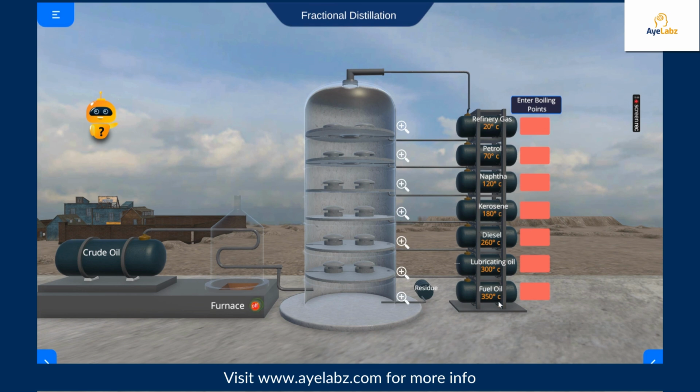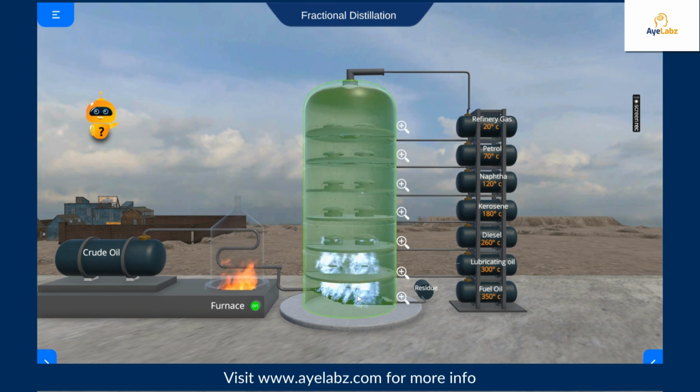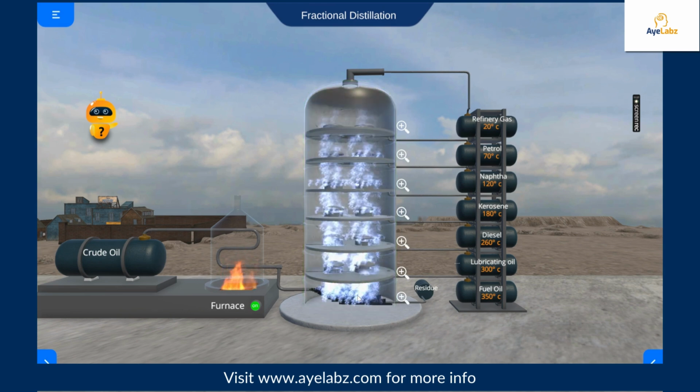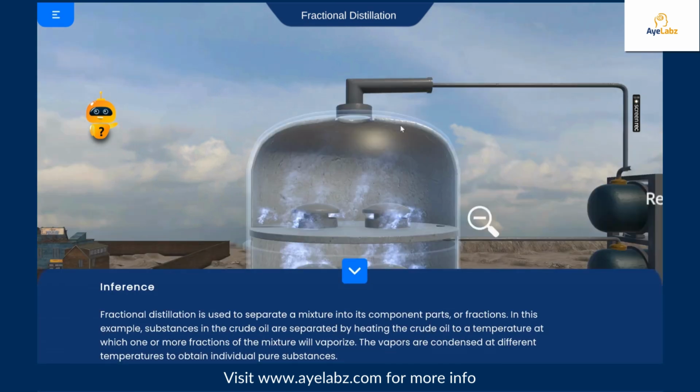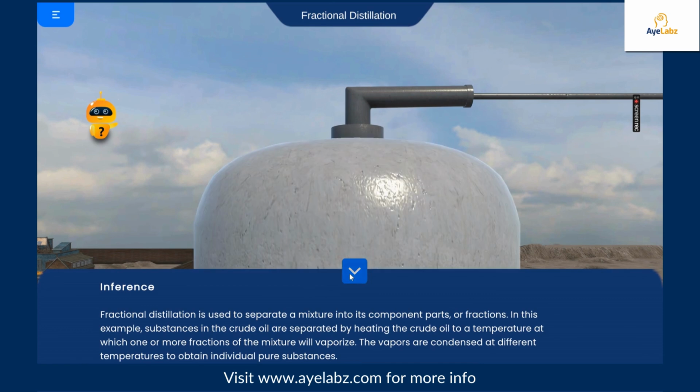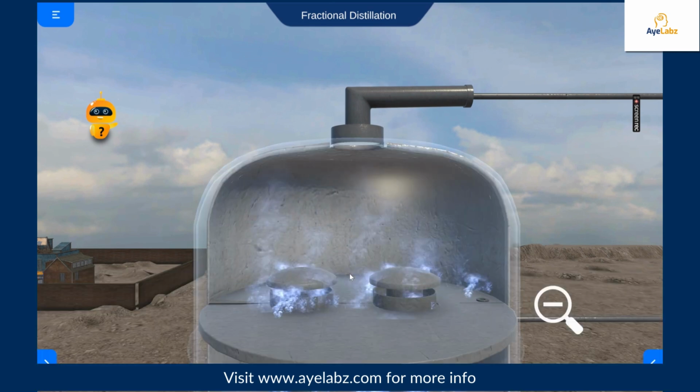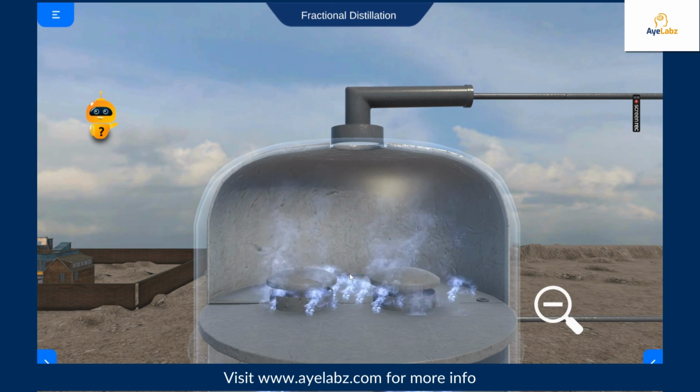Here we have the boiling points arranged in increasing order, and I'm turning on the furnace and passing the crude oil through it. The top layer is where we can get the components with very low boiling points.